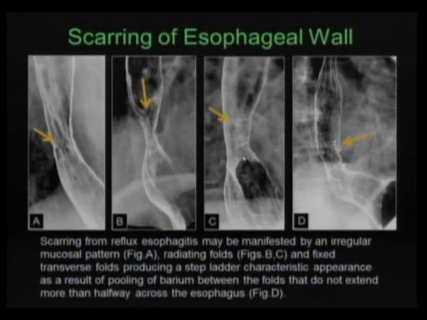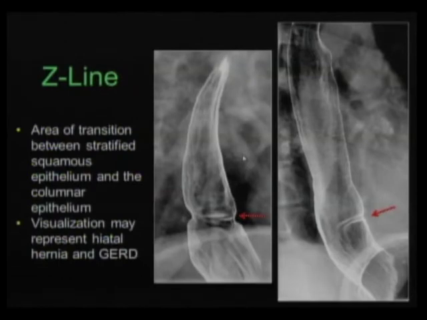Here also you can see some transverse folds going to this area where you probably suspect there is an erosion or ulceration. And finally, a radiographic finding that is called the step ladder appearance, where you can see pooling of barium between the folds that do not extend from one wall to the other, just maybe halfway of the lumen, okay? So these are characteristic findings of scarring of the esophageal wall due to chronic gastroesophageal reflux.